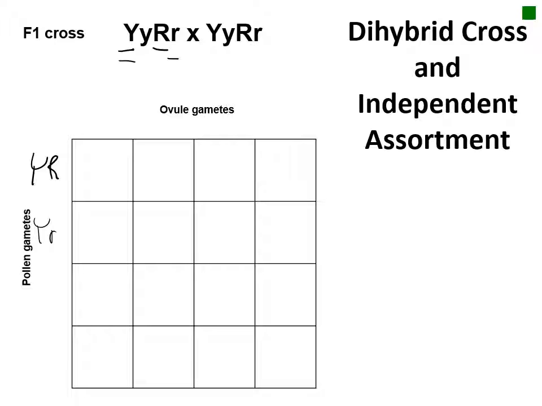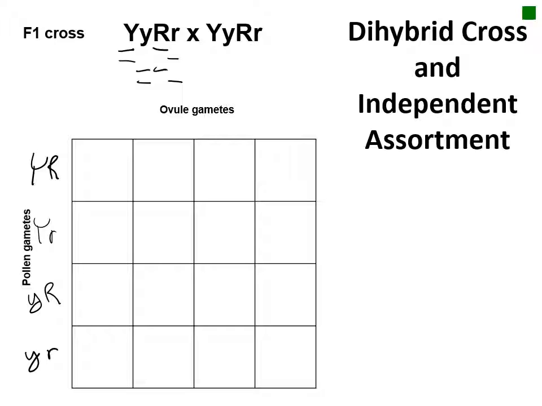Gametes could also form that have the lowercase y instead, packaged with your uppercase R, providing a gamete with the green allele and the round allele, or little y could have been packaged with little r, providing a gamete with the green allele and the wrinkled allele.